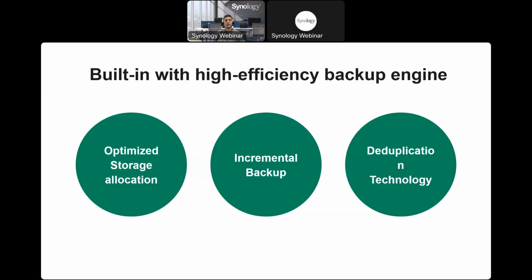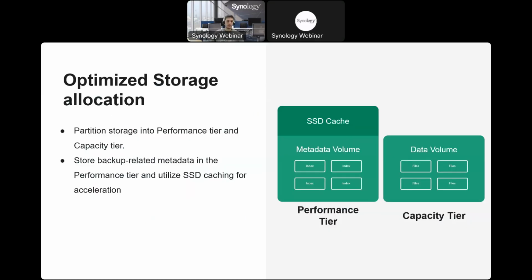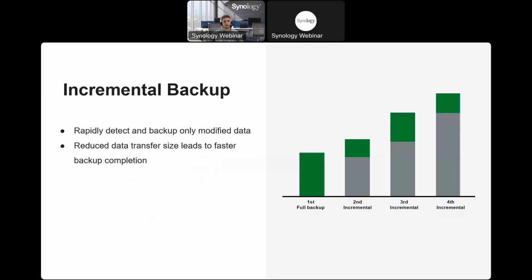All APA will come with a built-in high-efficiency backup engine, which will enable optimized storage allocation, incremental backup, and deduplication technology. We have optimized the storage configuration by dividing it into performance tier and capacity tier. With this backup mechanism, it will place backup-related metadata in the performance tier and utilize SSD caching for acceleration.